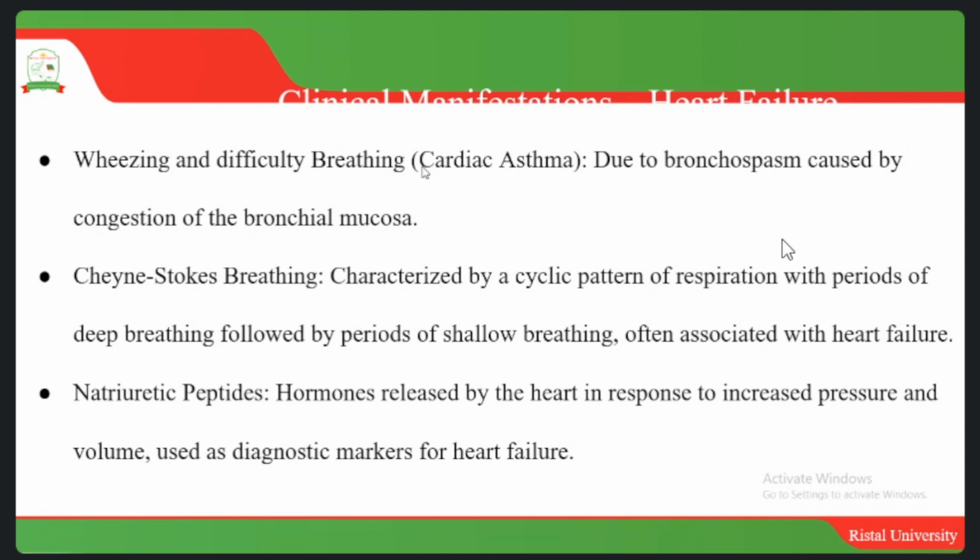So you can look at natriuretic peptides as a hormone that can be seen in case a patient has heart failure, and it is a diagnostic marker, meaning that it's a diagnostic result that you can use to know that this patient has this condition. It's a key investigation that you can do, and when you see it, you just know this is heart failure.